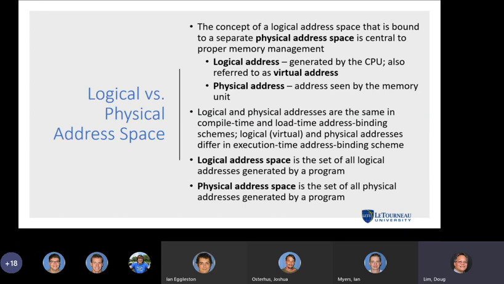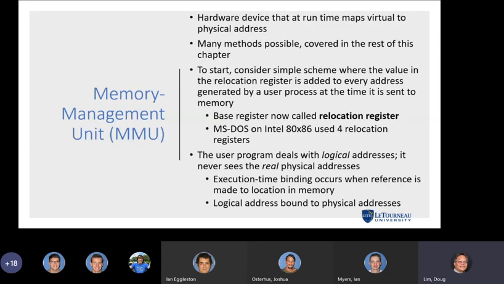That will come more into play when we discuss virtual memory. So we have hardware to support the mapping of virtual to physical addresses, or logical to physical addresses. Many methods are possible, and we will cover that.